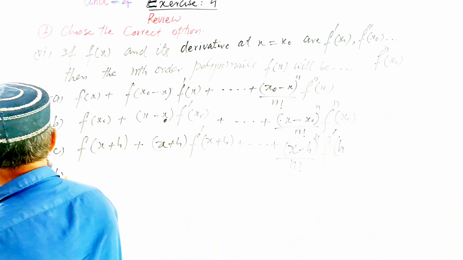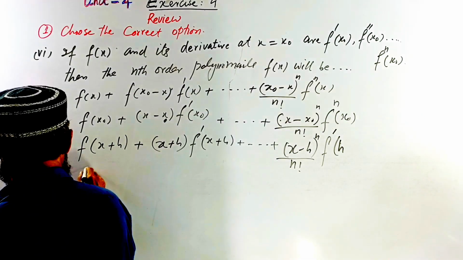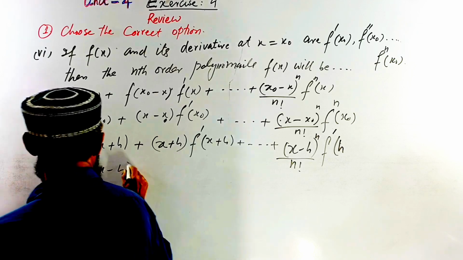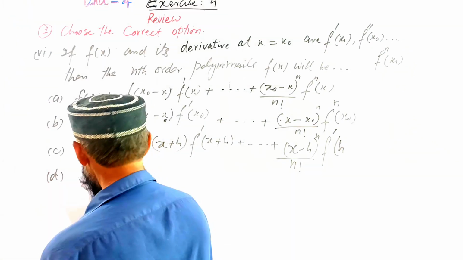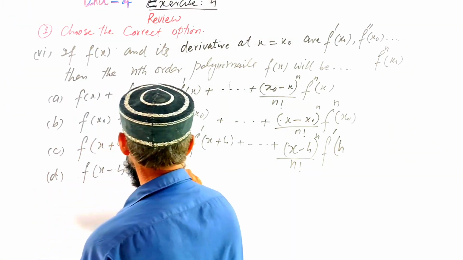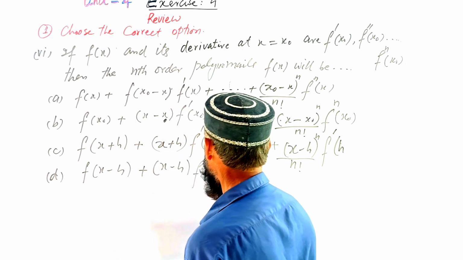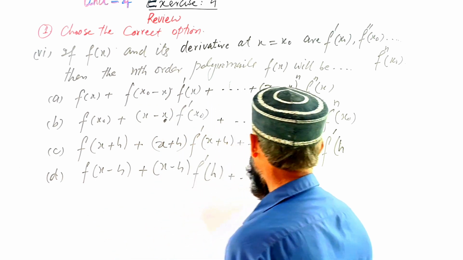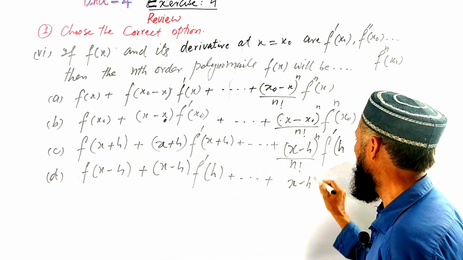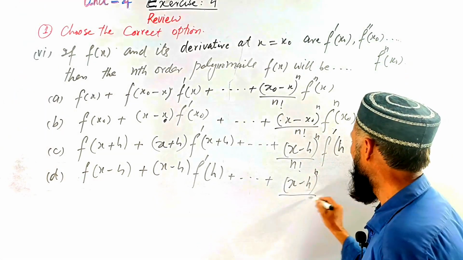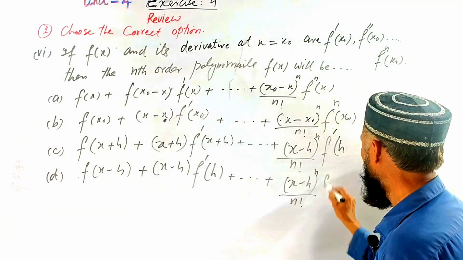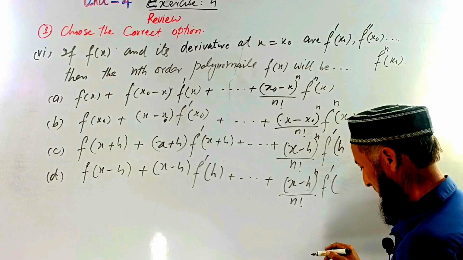And option D is f of x minus h plus x minus h f dash h plus x minus h whole power n divided by n factorial f dash h.